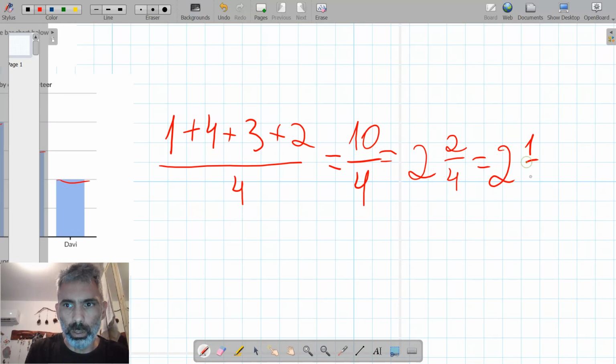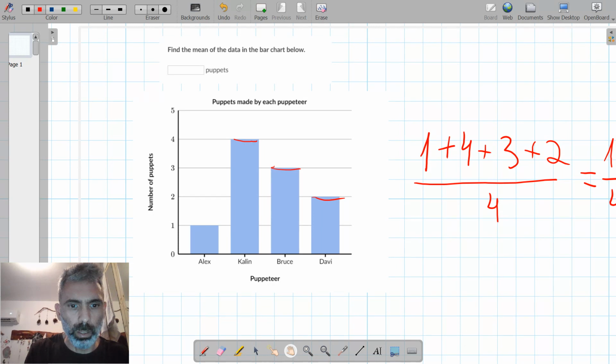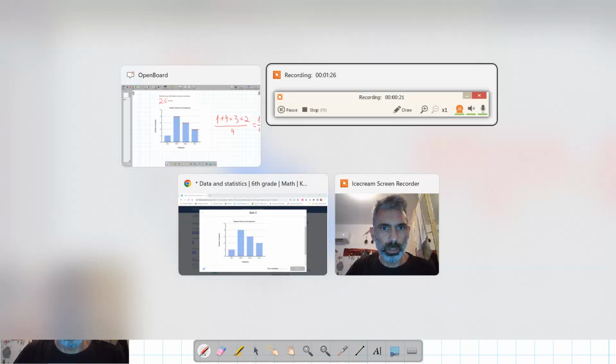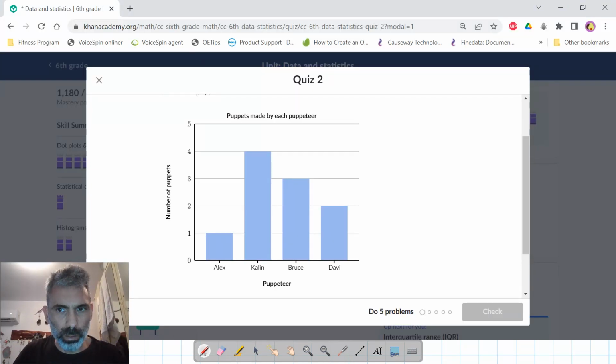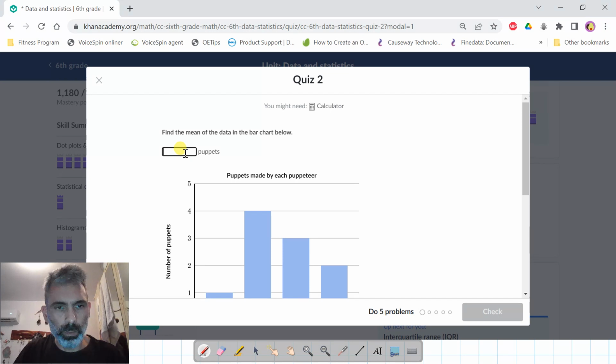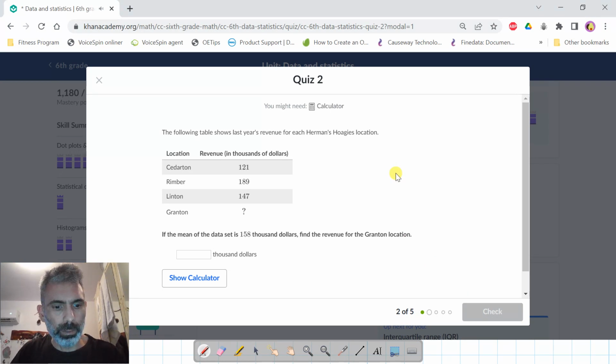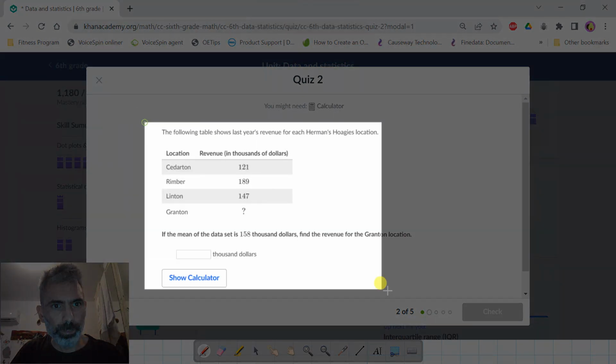So 2 and 1/2, or 2.5, is the mean number of puppets that each puppeteer made. Let's see if this is the correct answer. 2.5. Yes. Good. Next question.